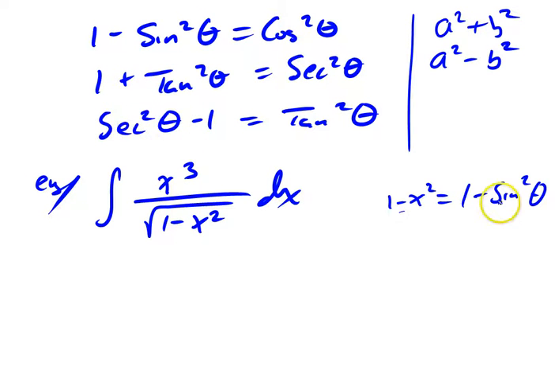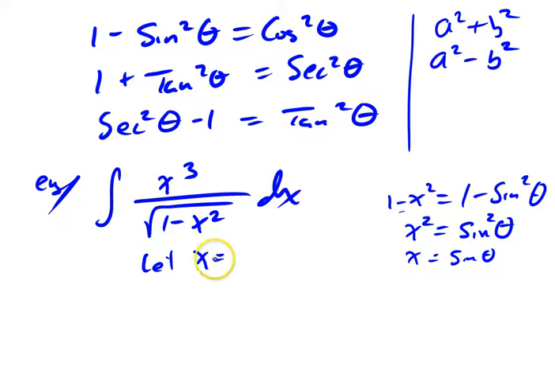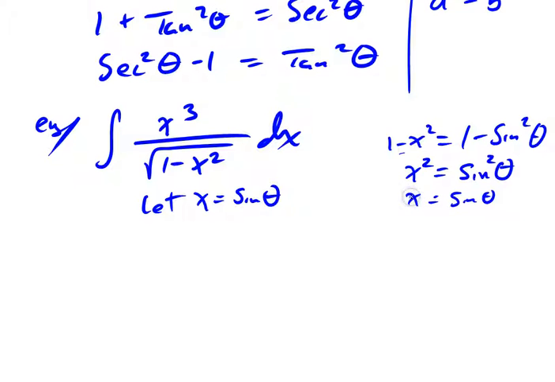These two I think look pretty close to the same, and I can make them exactly the same if I could get x squared to equal sine squared theta. So x would have to equal sine theta. So that's the substitution I do. Let x equal sine theta. Well, if x is sine theta, then dx equals cosine theta d theta.